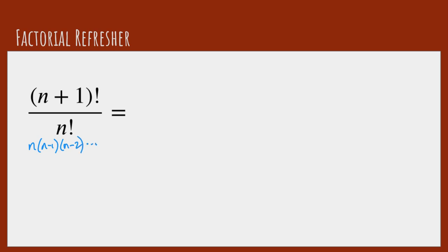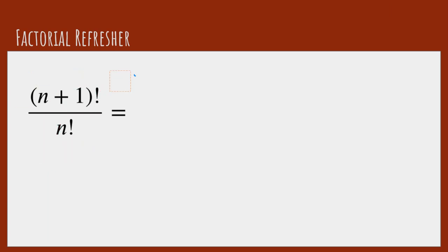But n plus 1 factorial would be n plus 1 times n times n minus 1 times n minus 2 and so on. And you'll notice here that the top and the bottom have almost all the same factors. Starting at n, they're all the same. So the n's cancel with each other, the n minus 1's cancel with each other, the n minus 2's cancel with each other, and so on.